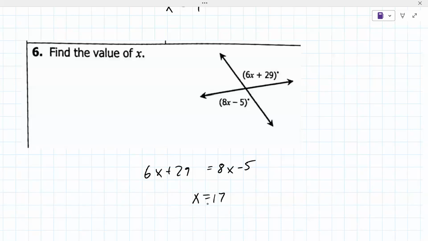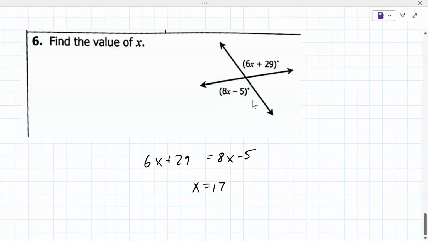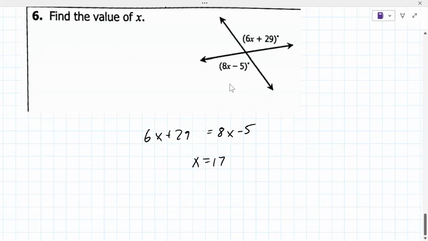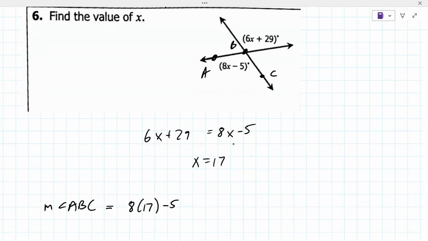Very good. And let's just say we wanted to actually find the angle measure. Let's say this was A, B, C, and I wanted you to find the measure of angle ABC. What would you do with that 17? I'd plug it into the 8x. All right, very good. So go ahead and give that a try.